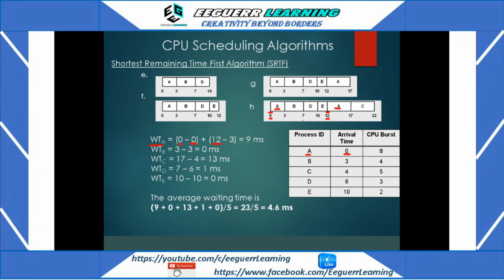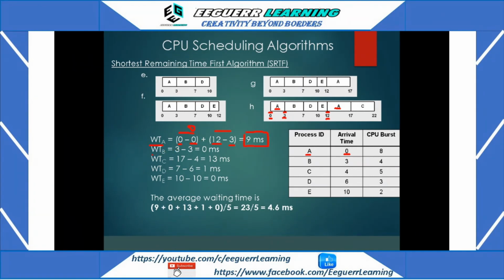And we're going to look at the head of letter A here, get the value, and place it here, which is 3. Then start subtracting these values: 0 plus 12 minus 3 will give us 9 ms for the waiting time of process A.